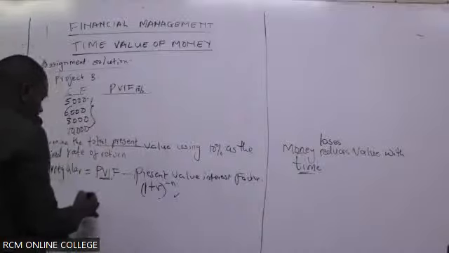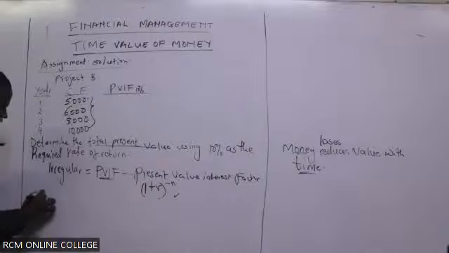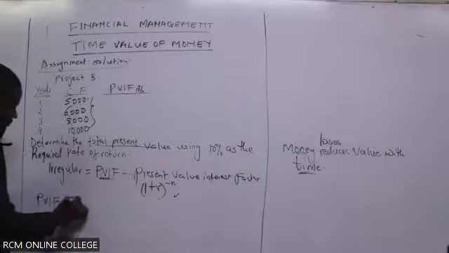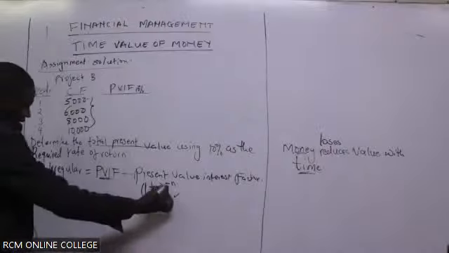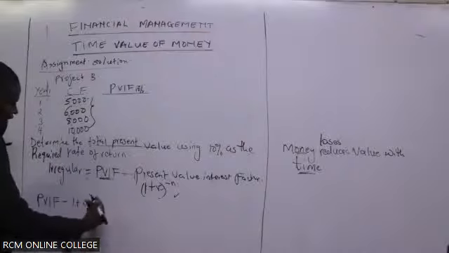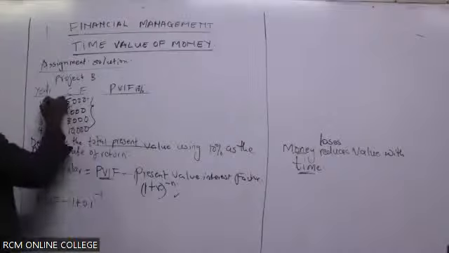I'll be very categorical: 1 plus 0.1, that is my R. Remember, R is the required rate of return. Then I put this in brackets raised to power negative 1 for year 1.